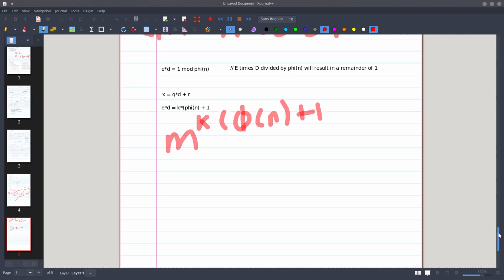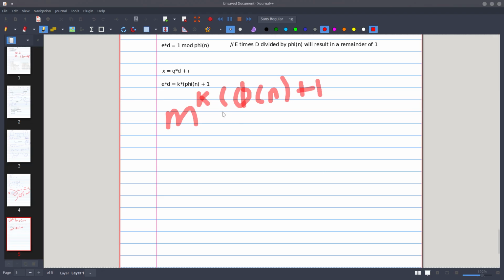Then finally, we can actually just factor this out. So this will turn into m times m raised to the phi of n, raised to the k power. Of course, all reduced modulo n, which I don't want to keep writing over and over again.